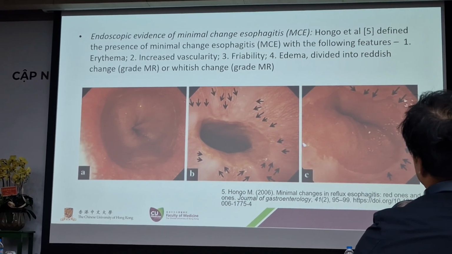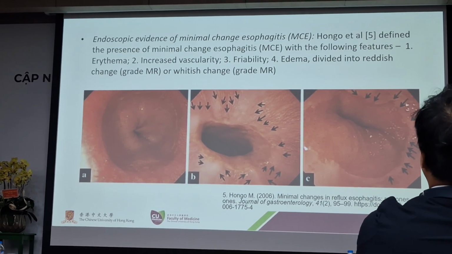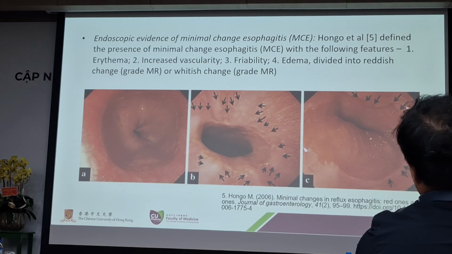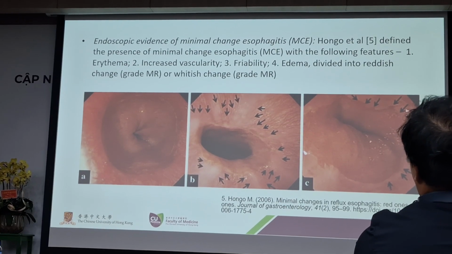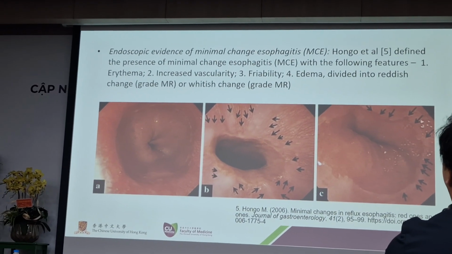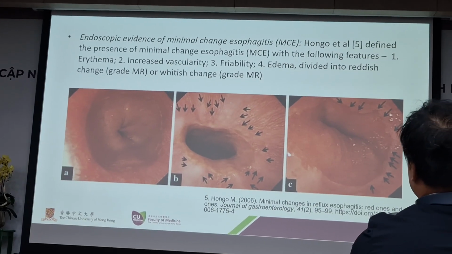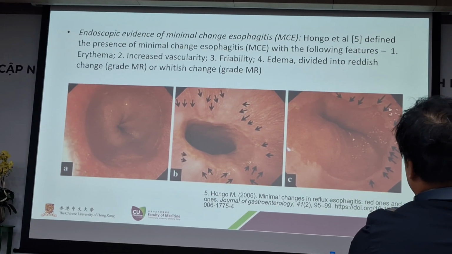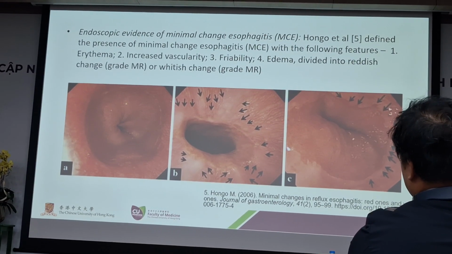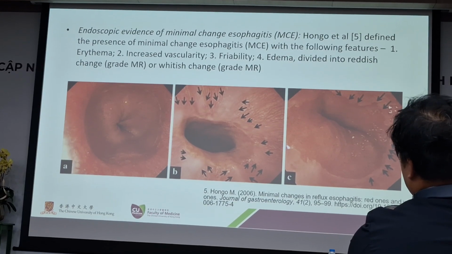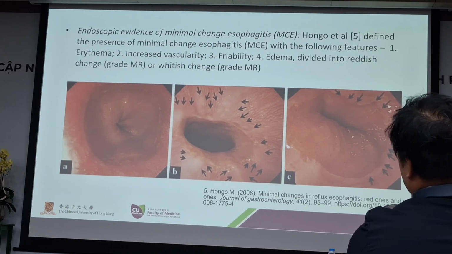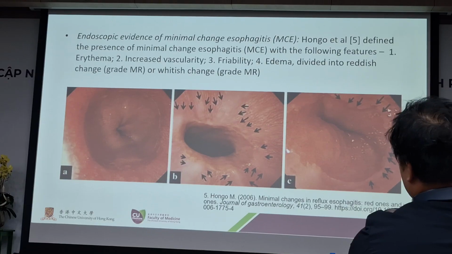Basically, it looks at a more detailed assessment of the OG junction for quite minute or subtle changes like erythema or increased vascularity that might suggest underlying GERD. But I emphasize these are supportive evidence and not diagnostic of GERD per se.